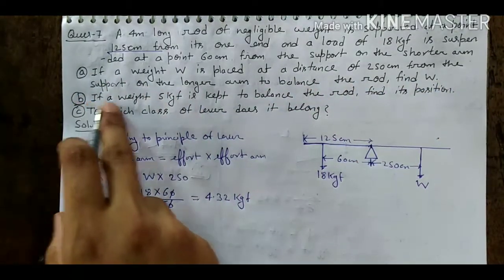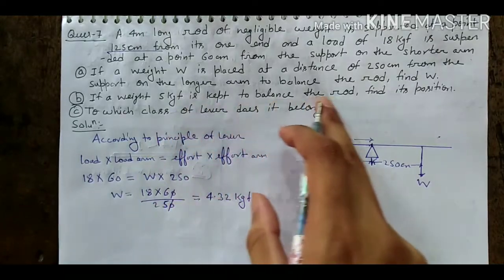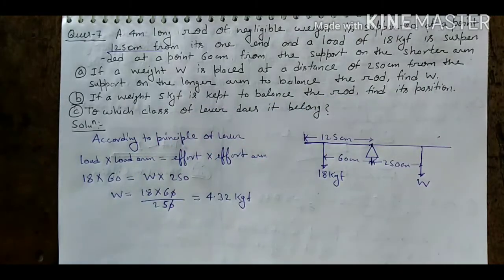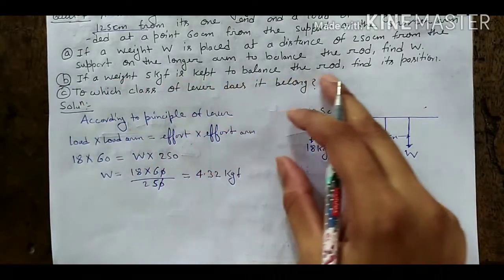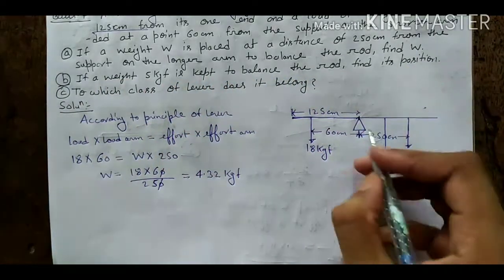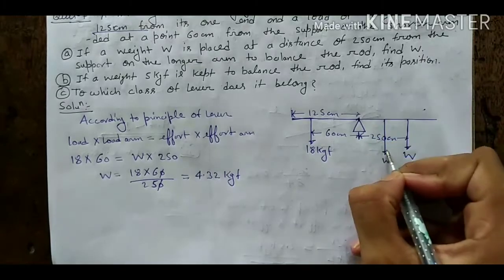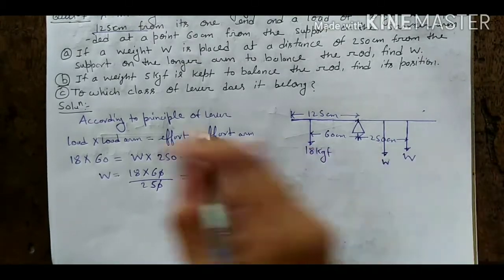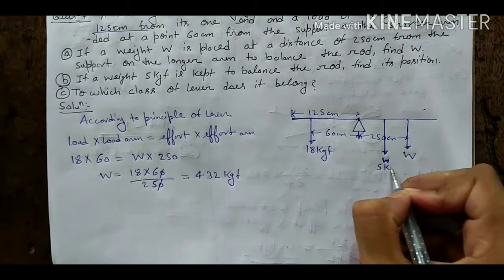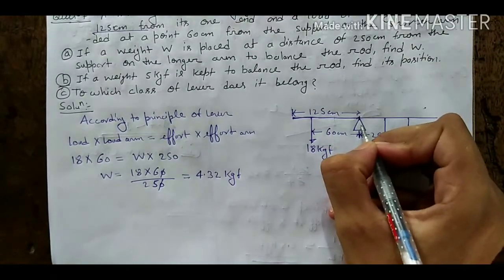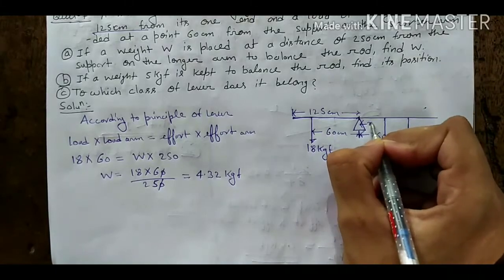OK, second question: if a weight of 5 kgf is kept to balance the rod, find its position. In the second part, student, if a weight of 5 kgf is kept to balance the rod, find its position. Means a weight is suspended at 5 kgf at a distance x from the support.